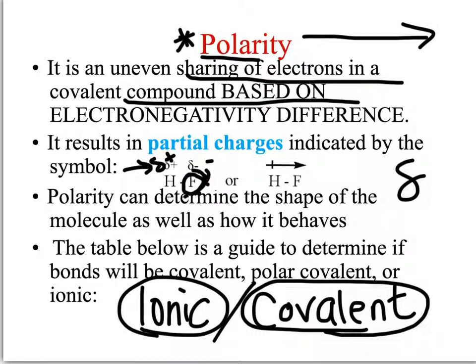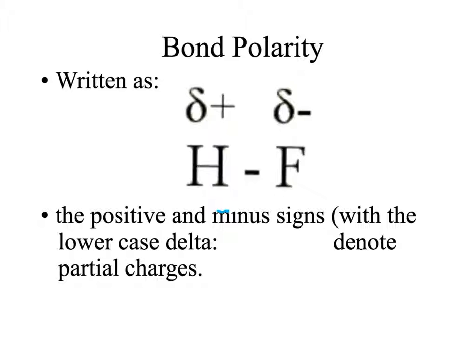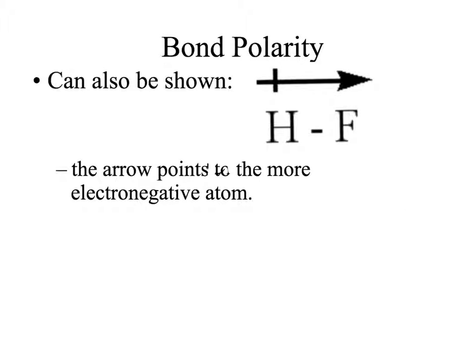It turns out that some of the shapes that we've been talking about are also determined by polarity. And here you see another diagram of it. Again, this delta symbol indicates partial charges. This is another way it can be drawn, with the arrow showing the direction that the electrons are being pulled.